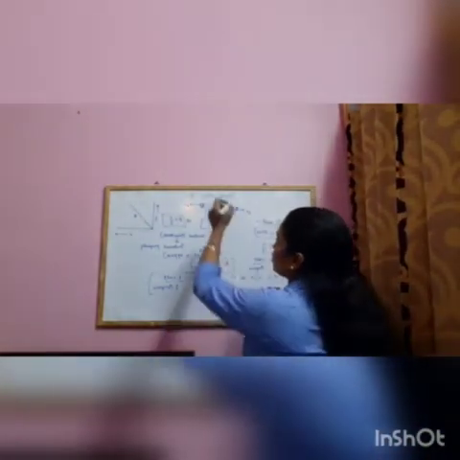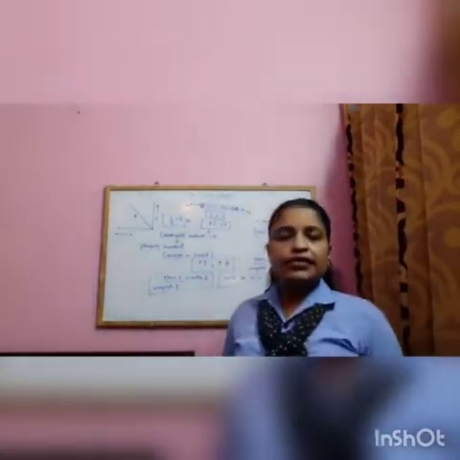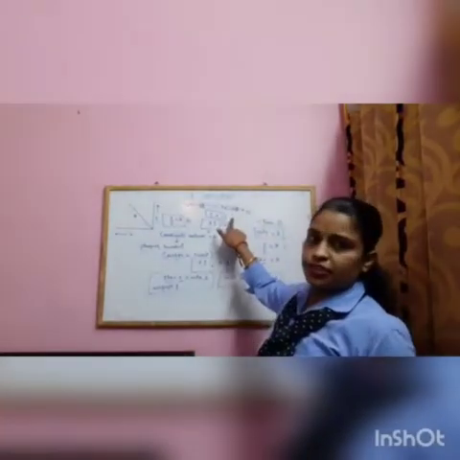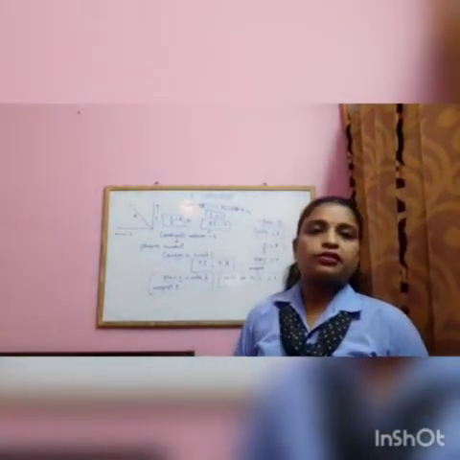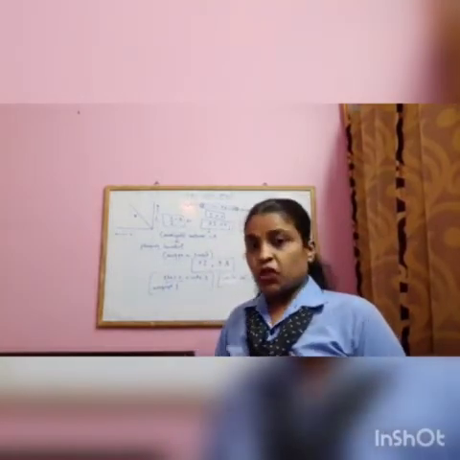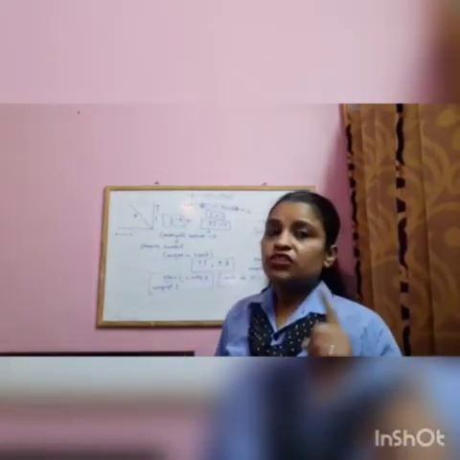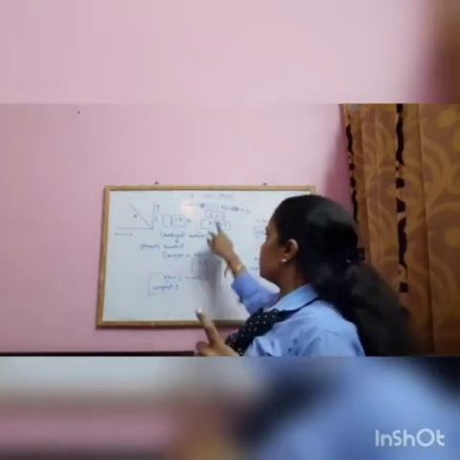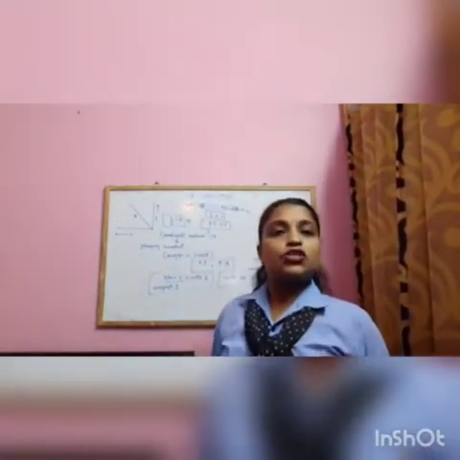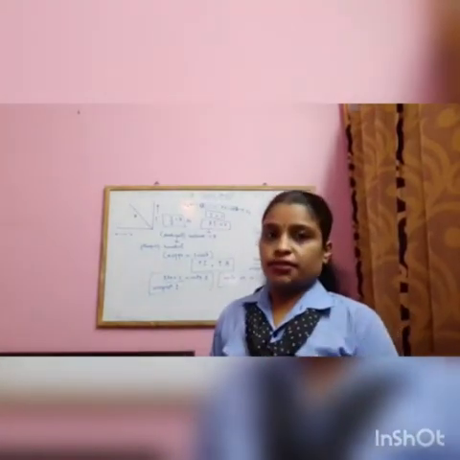Now, what does Ohm state? He says it is not possible that every conductor follows this ideal condition. A few conductors are not able to follow it. The conductor which follows the ideal condition that V is directly proportional to I is known as an ohmic conductor.